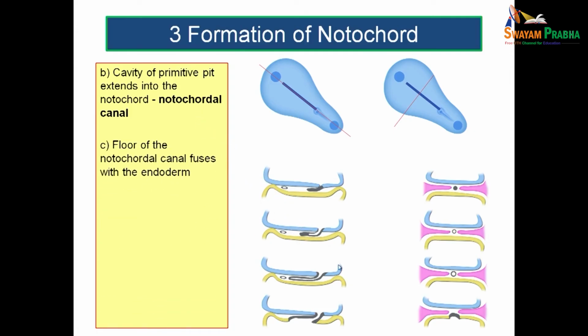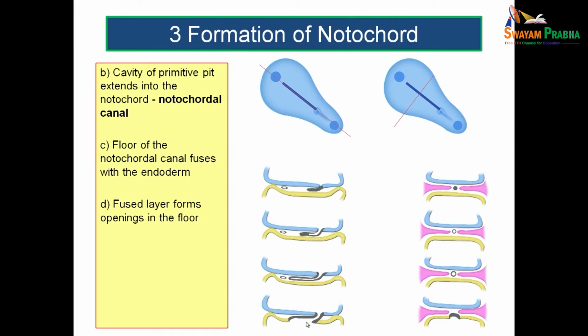Now the notochordal canal actually fuses with the endoderm. Once the notochordal canal is formed, it gradually descends down and fuses with the endodermal layer. So when you look here, you can see that the notochordal canal has fused with the endodermal layer and it forms openings in the floor of the notochordal canal.